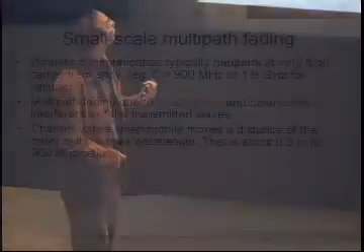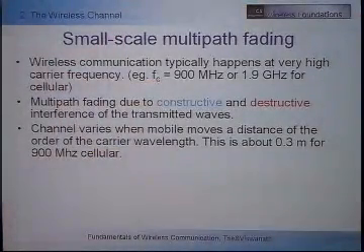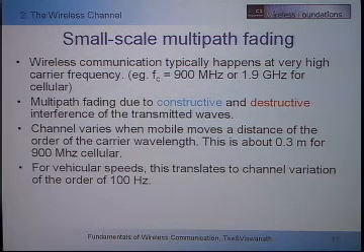We are talking about essentially the time scale required to move a distance of the order of the carrier wavelength. The carrier wavelength for 900 megahertz cellular is about 0.3 meter. That means as you move a distance of 0.3 meter, you will see the signal strength changing significantly due to movement from peaks to valleys. Okay? So that's important to keep in mind.